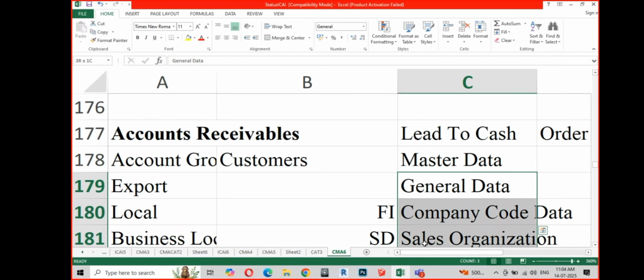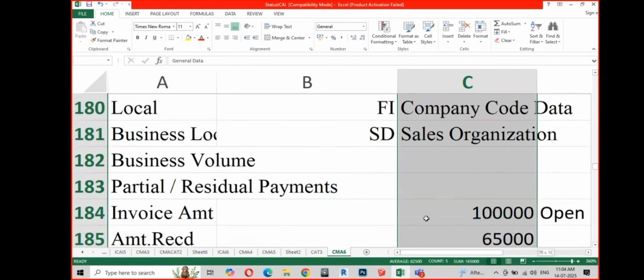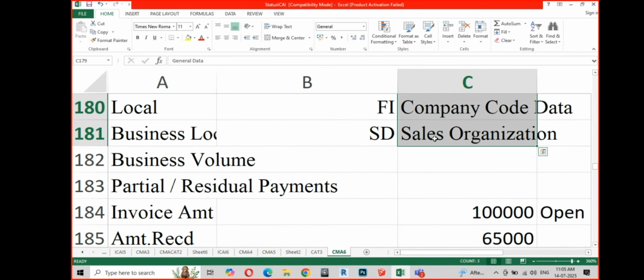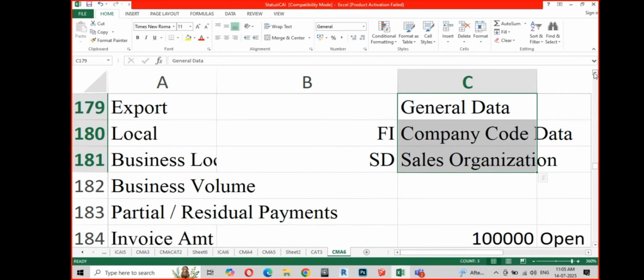On the vendor side, we had the general information, the finance related information, and the material management related information, the purchase organization. Here we are talking about the sales organization, typically the sales department related information of the individual customer master data.